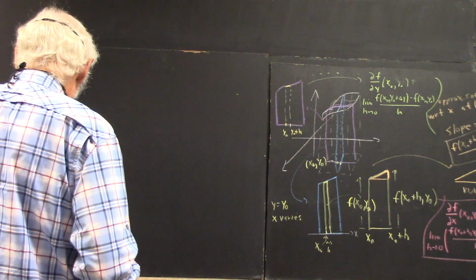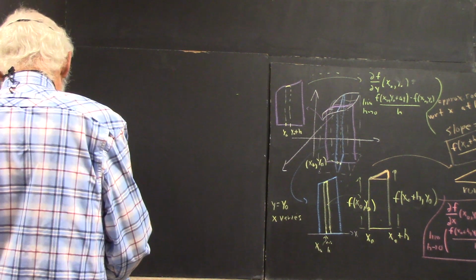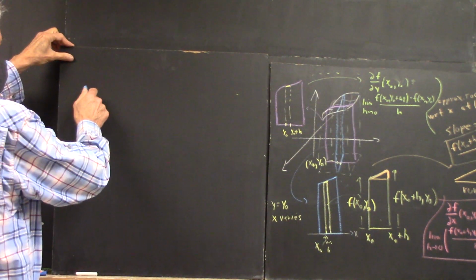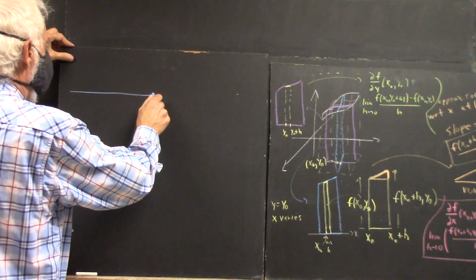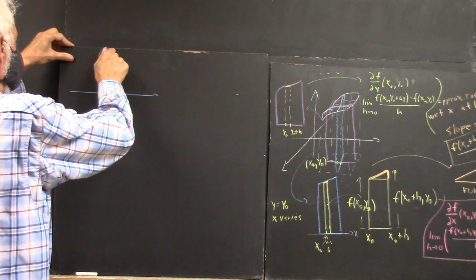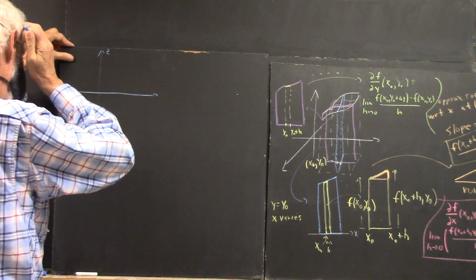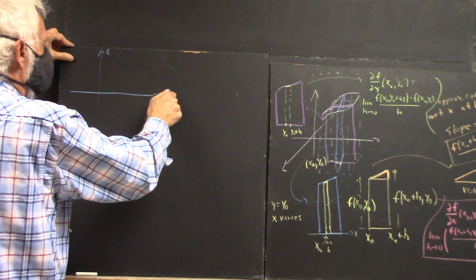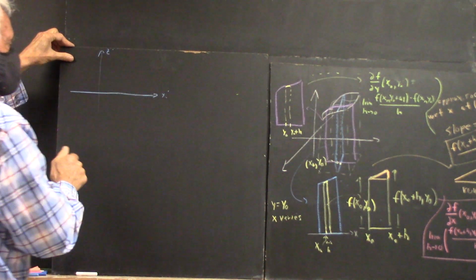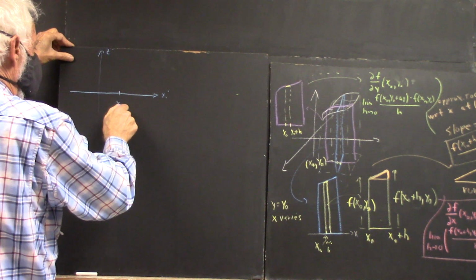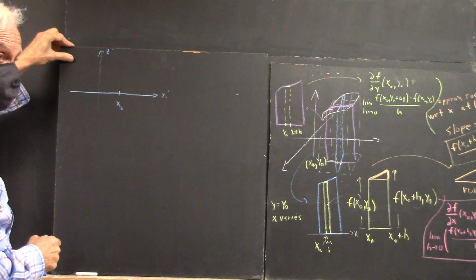Now I'll make that curve a little more extensive. I'll keep it colored. Here's an auxiliary x-axis, and this is the z prime axis. And here's the point x naught.